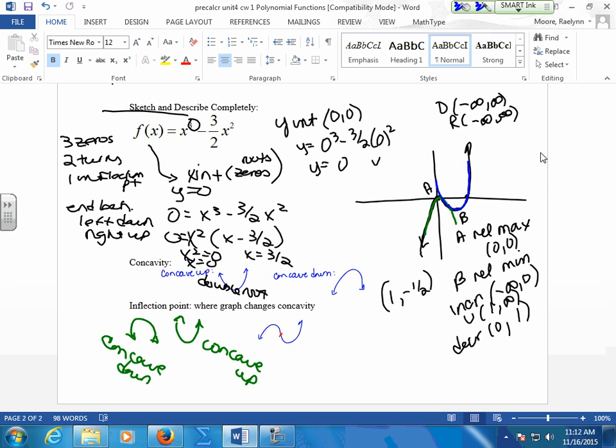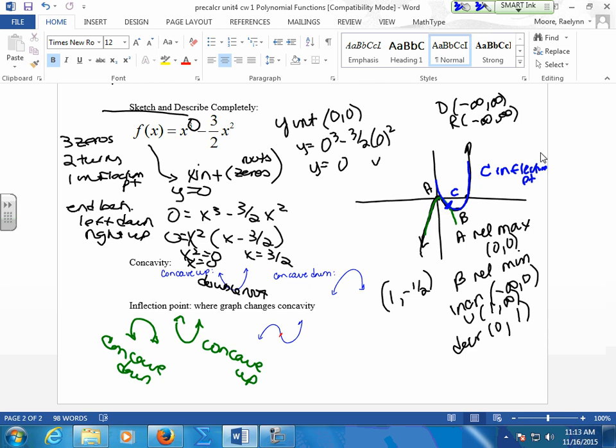They shared this piece from A to B. So I do this and I say, this is my inflection point. I'm going to call this C. C is an inflection point. That means halfway through, I decided to switch. I was concaving down, but then I said, whoops, I'm going to concave up.